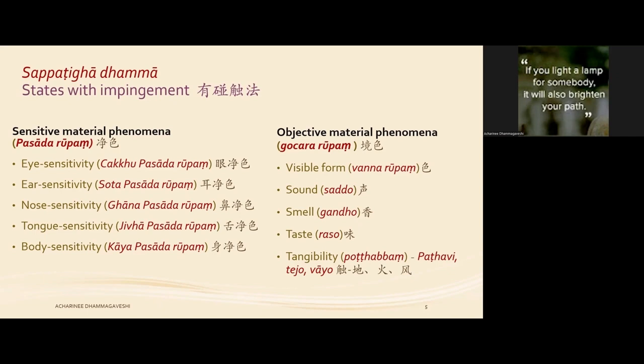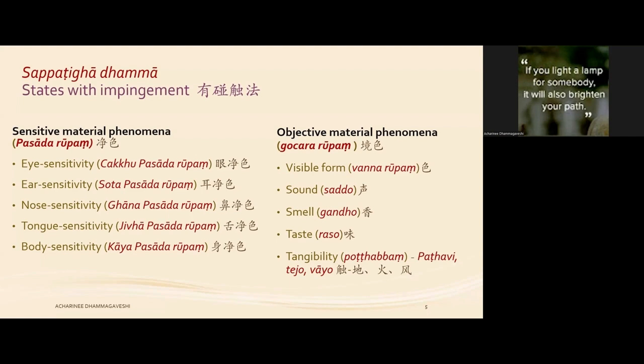Likewise, saddo or sound will come into contact with the sota pasada rūpa, the ear sensitivity. Gandho, smell, will come into contact with ghana pasada rūpa, nose sensitivity. Raso, taste, will come into contact with jivha pasada rūpa, tongue sensitivity.